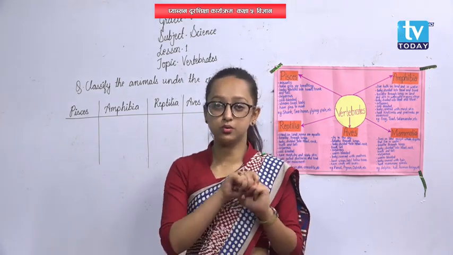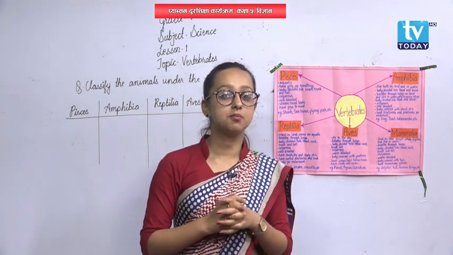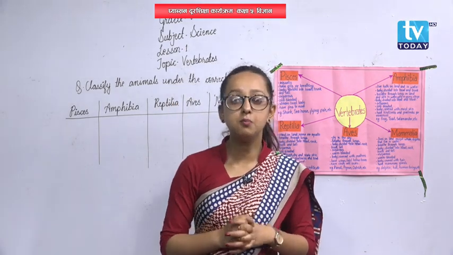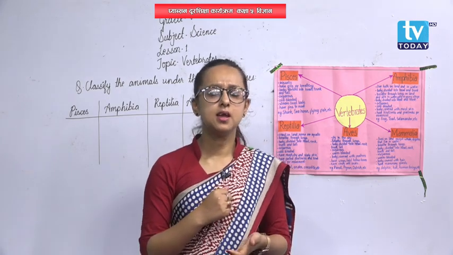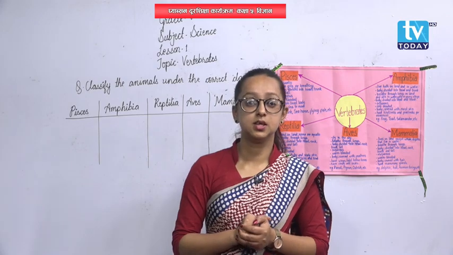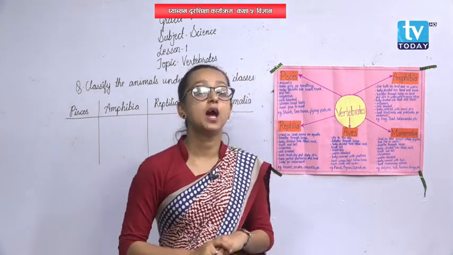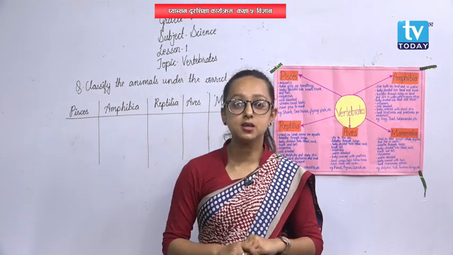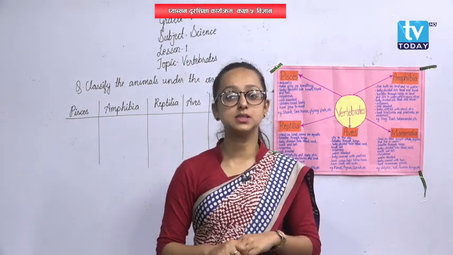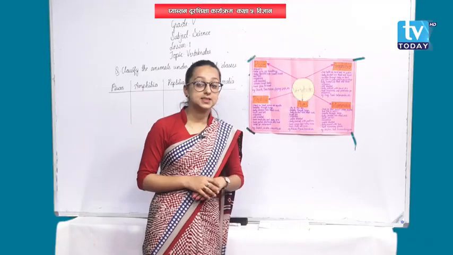Cold-blooded animals are those that can change the temperature of their body according to the temperature of the surrounding. But warm-blooded are those that cannot change the temperature of their body. So, the animals of the apes class also, they are warm-blooded as they cannot change the temperature according to the change in the surrounding. Hope you are getting me well.